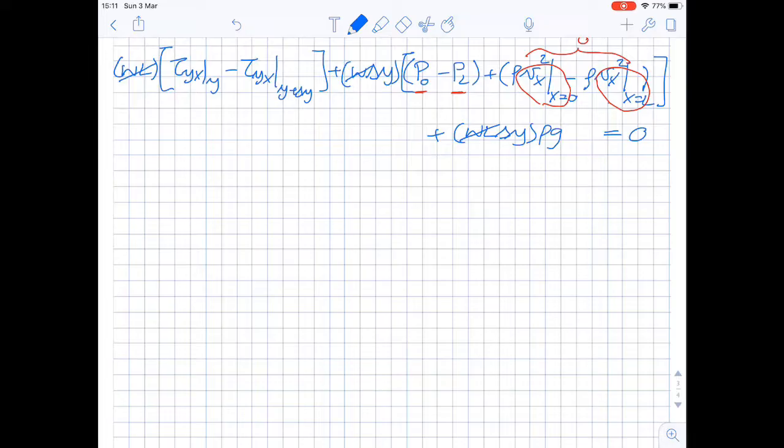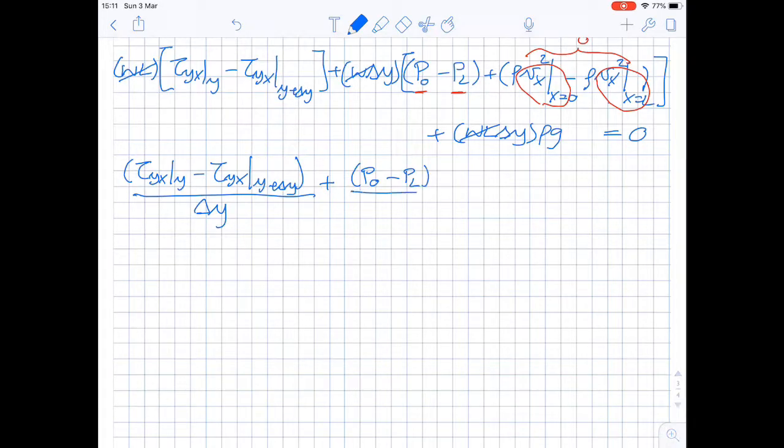If I divide delta y as well, we end up with tau yx at y minus tau yx at y plus delta y divided by delta y itself, plus P0 subtracted by PL divided by L. Delta y here will be gone.